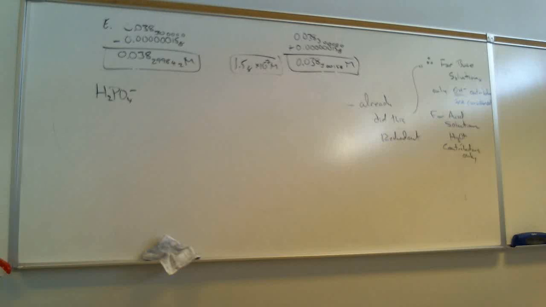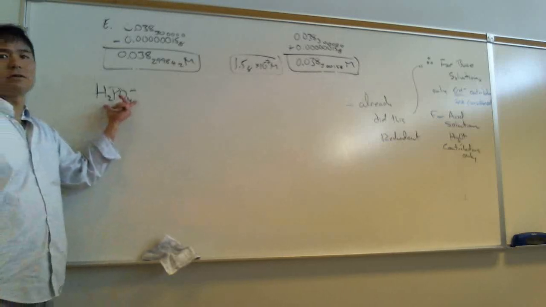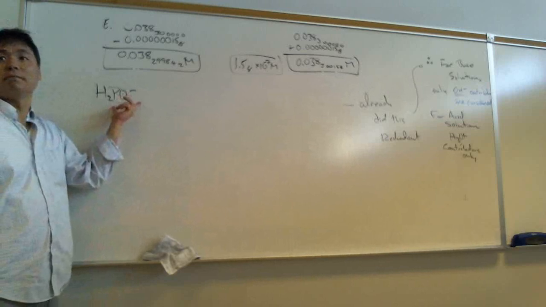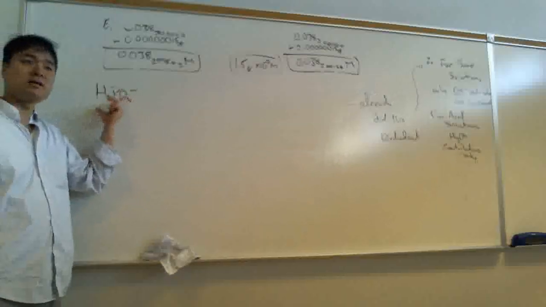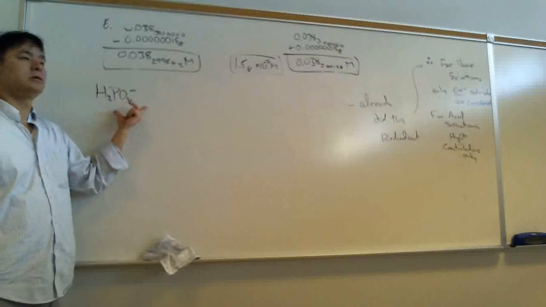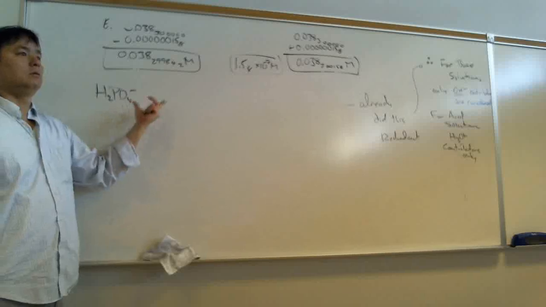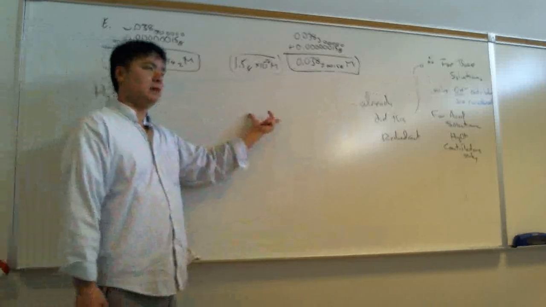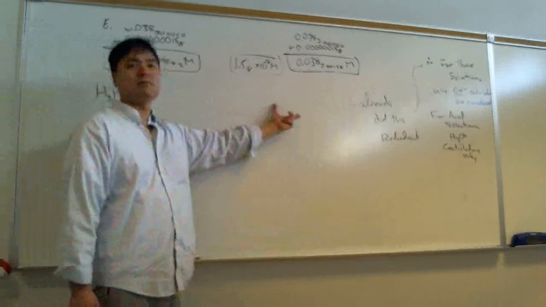And because of the Ka equation for this, just look, what would the Ka produce? Can you do this in your head? If this acted as the acid, what would it produce? It would produce monohydrogen phosphate and hydronium.